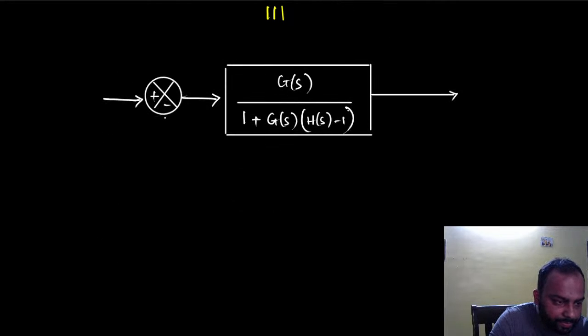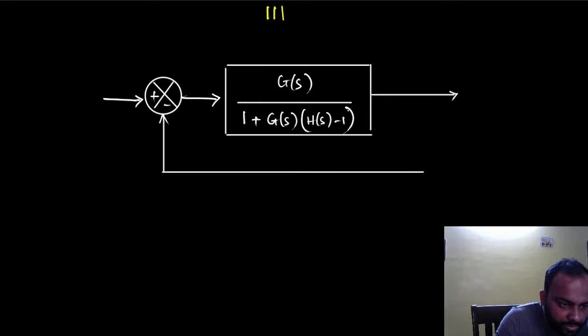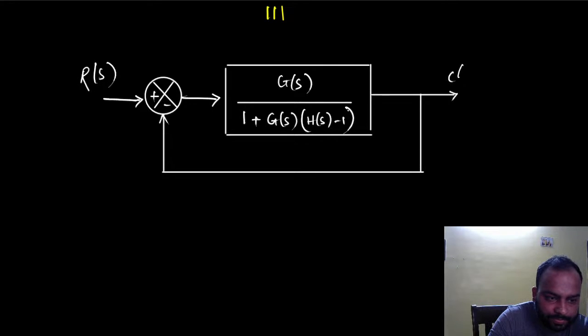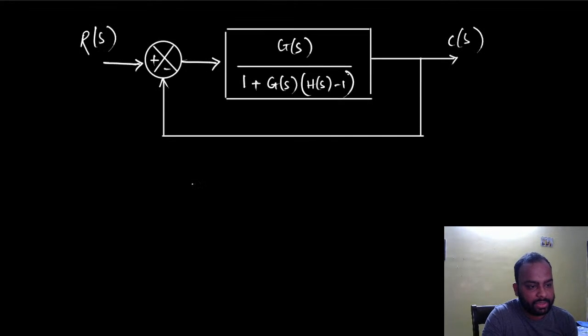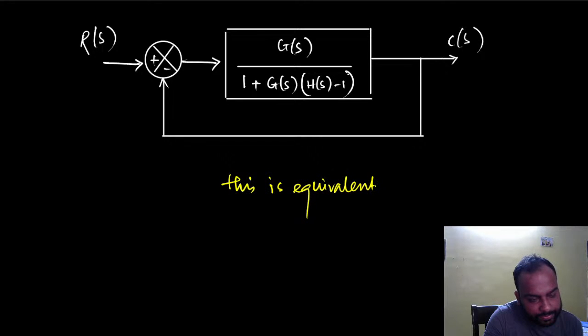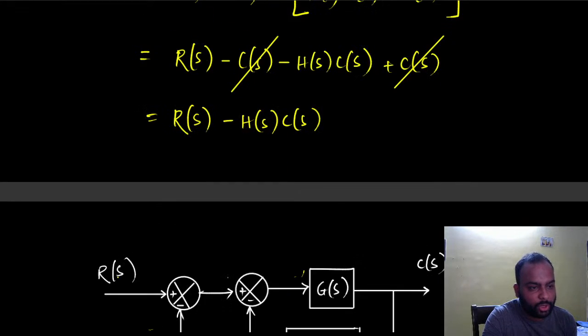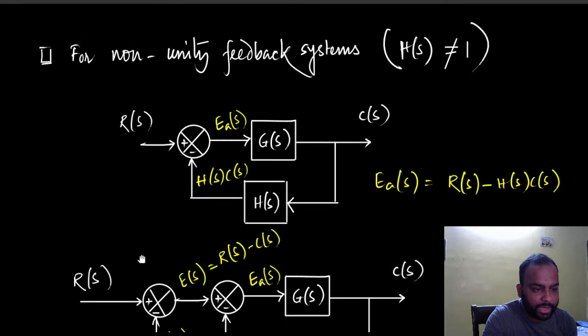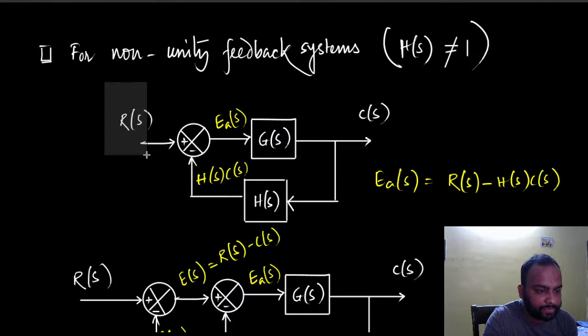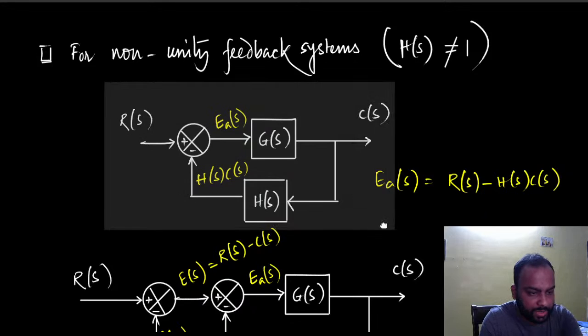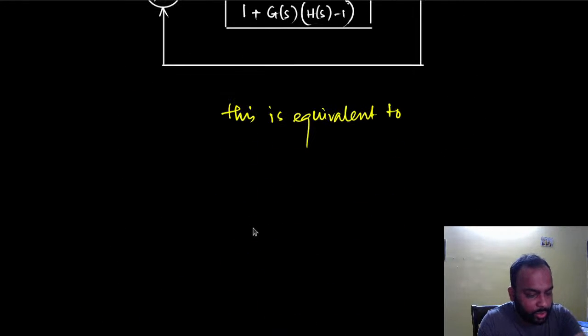And that's it. So the unity feedback equivalent of that system is just this, right? So this is equivalent to a unity feedback system. This is equivalent to this.